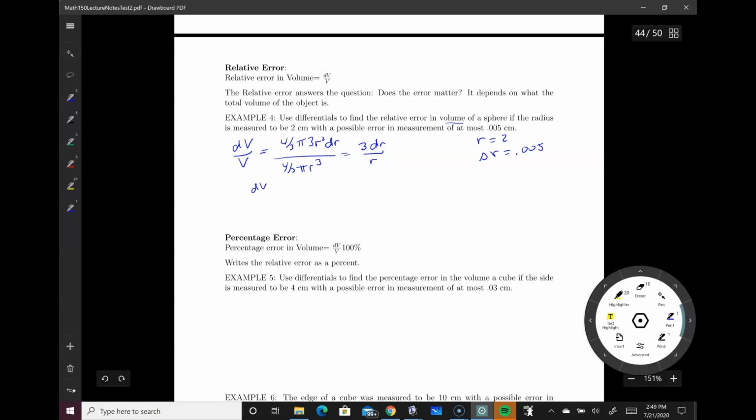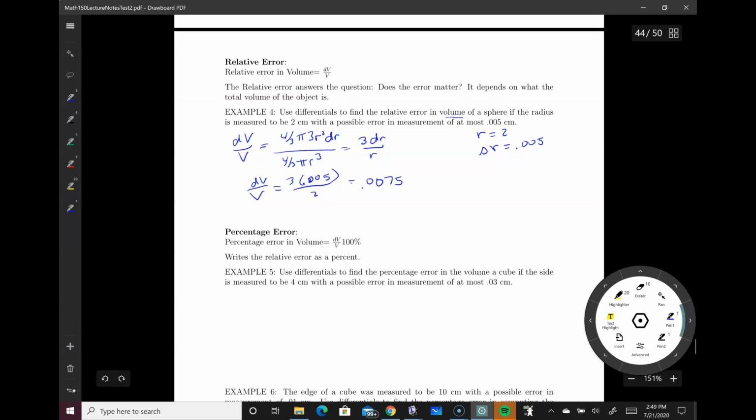So I can find that dV over V is equal to 3 times 0.005 divided by 2. So that gives me 0.0075.